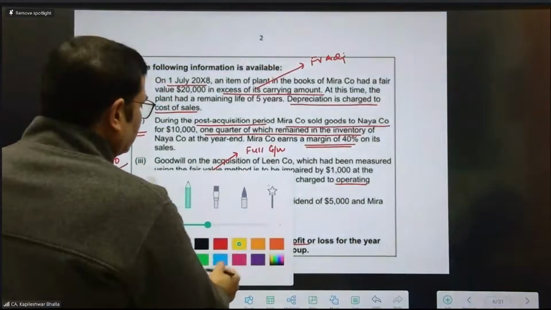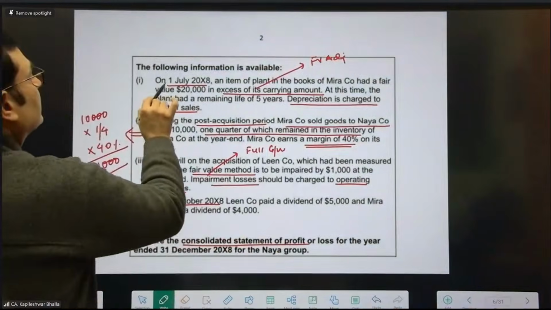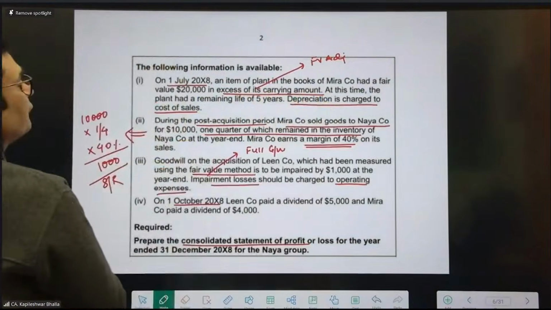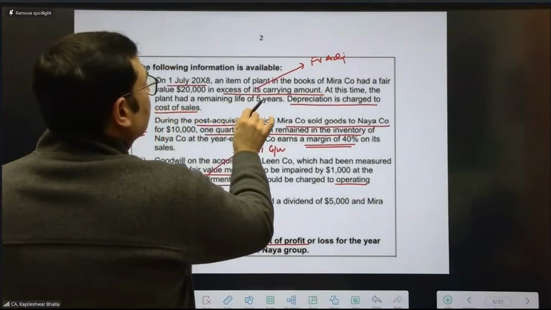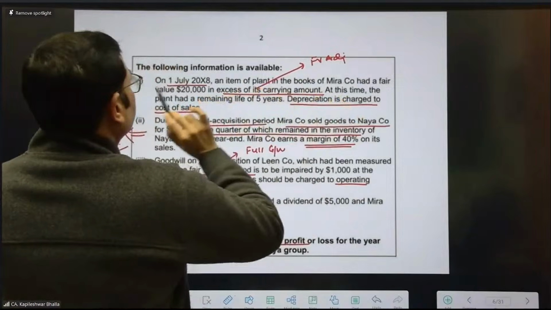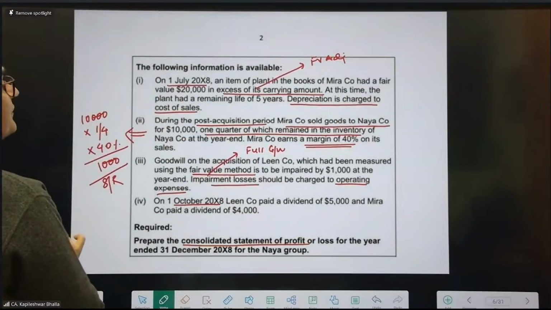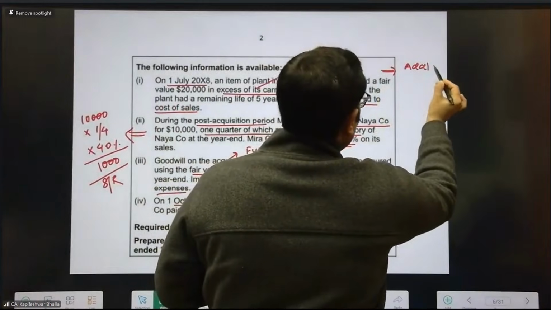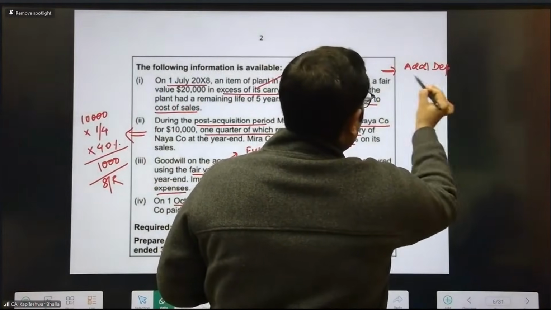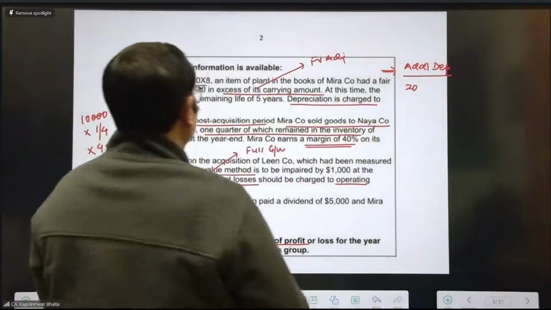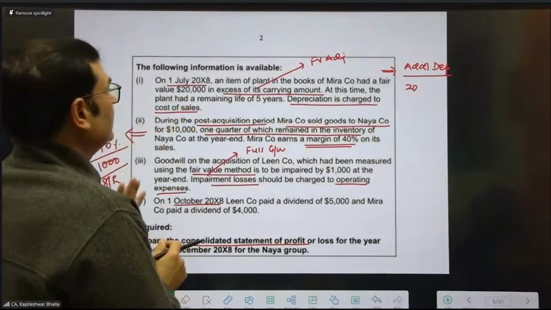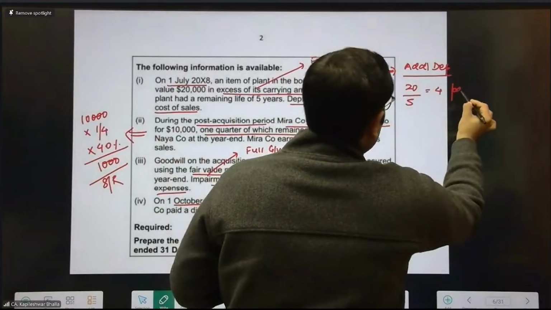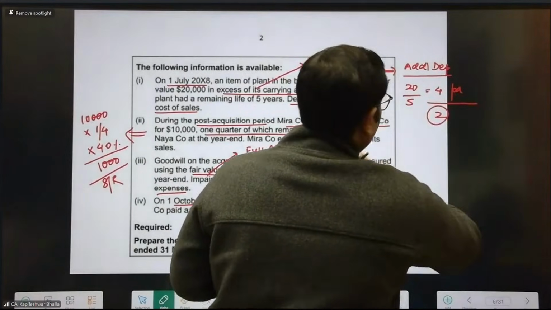In terms of point number 1, it says that on July 1, the plant in the books of Mira had a fair value 20,000 in excess of the book value. At this time, the plant had a remaining life of 5 years. Would you like to tell me what will be the additional depreciation? On this 20,000, let's take the figures in thousands, 20, the remaining life is 5 years, so it comes to 4 per annum, but we need 6 months depreciation.